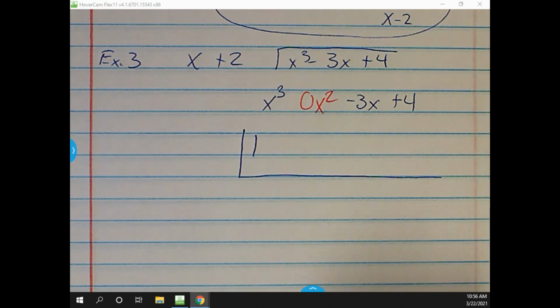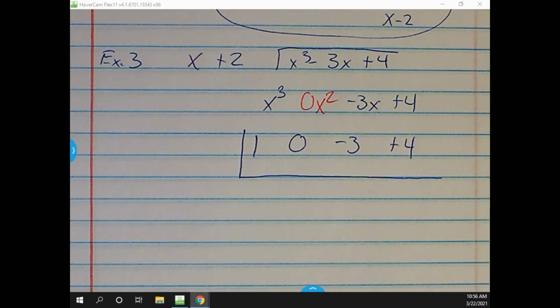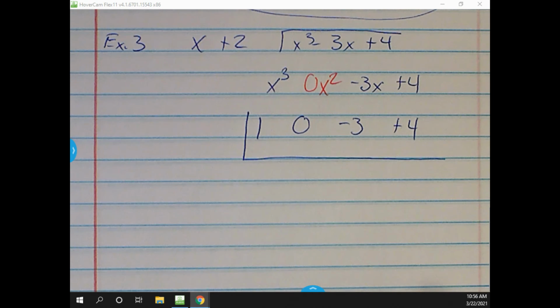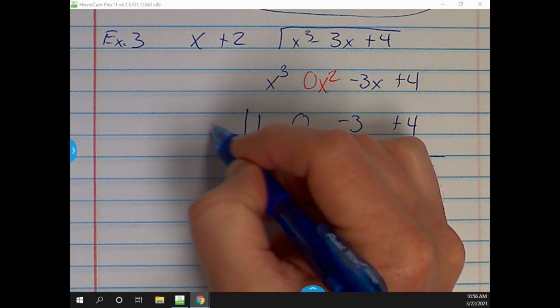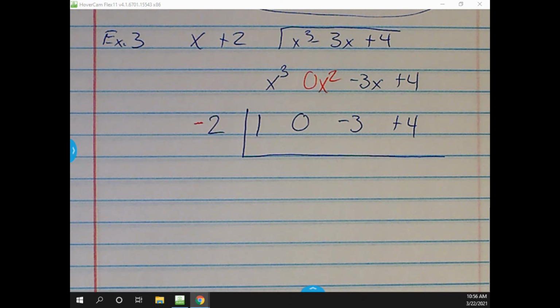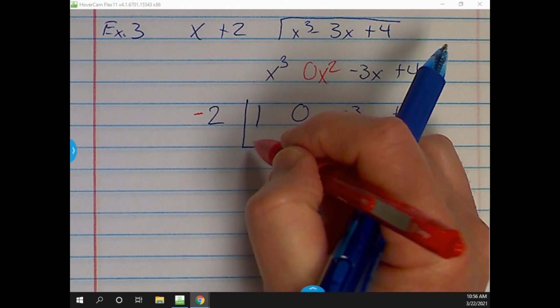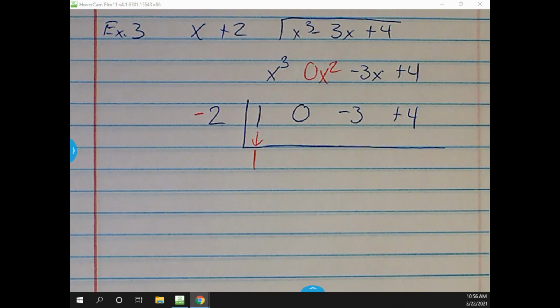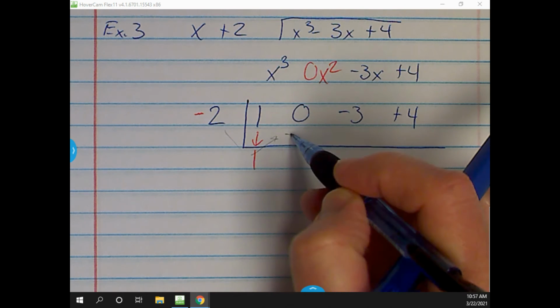All right, so it's going to be 1, 0, -3, and then a +4. And on the outside, instead of x plus 2, now we're going to divide this thing by -2. All right, and then from there, once you've got that set up, all the steps are exactly the same. Bring down that first number, and then we're going to multiply -2 times 1, and the answer would go there.